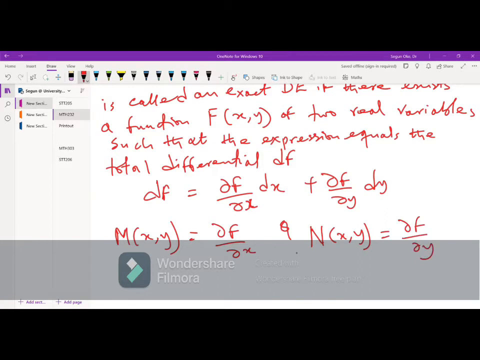At this point, what are the things we need to check? If you are asked to check for exactness of a particular problem, how do we do that? Let's look at this theorem.